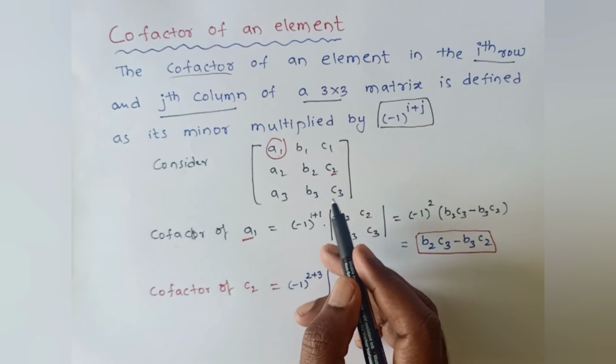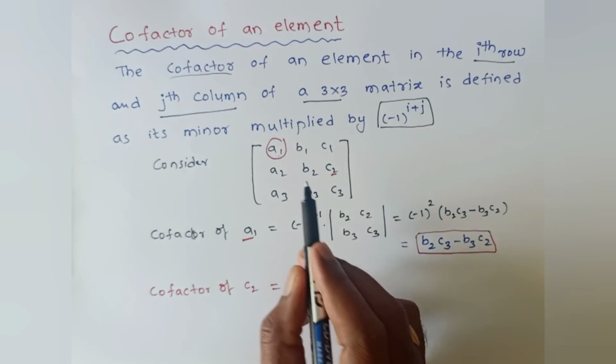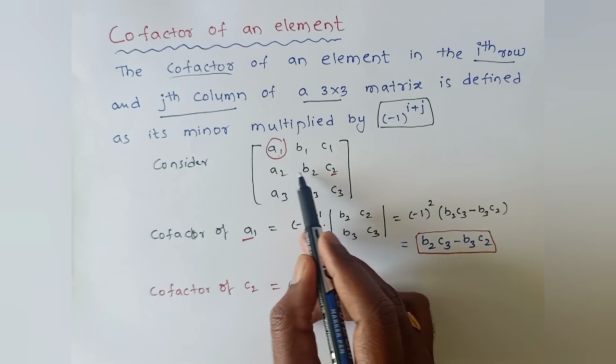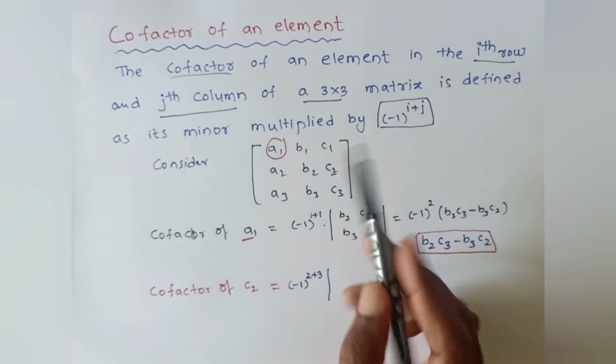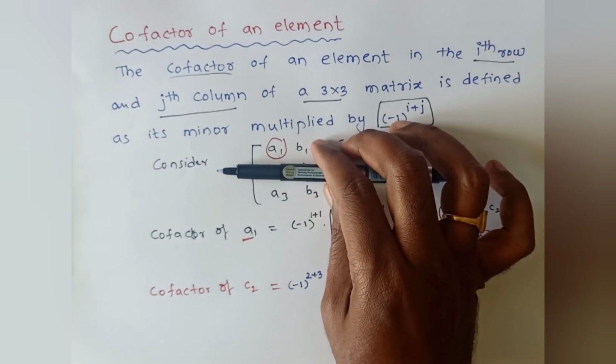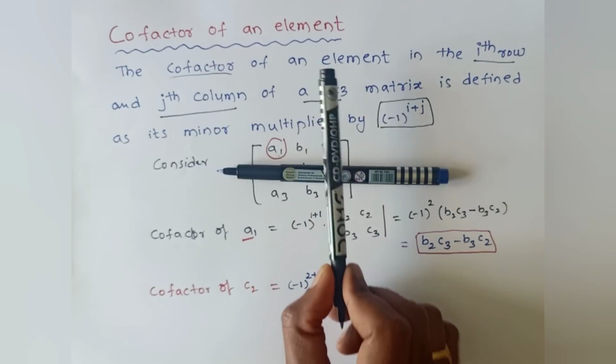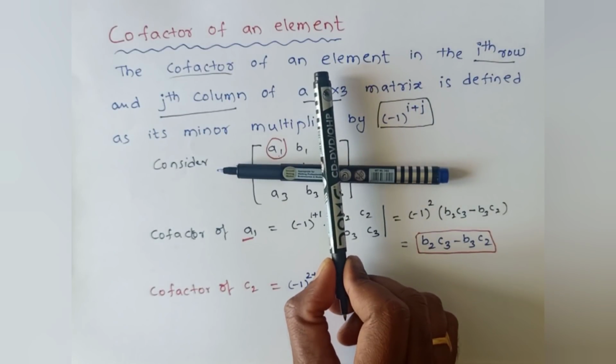The minor of C2 is a 2 by 2 matrix obtained by deleting this row and this column. So the elements are A1, B1, A3, B3.